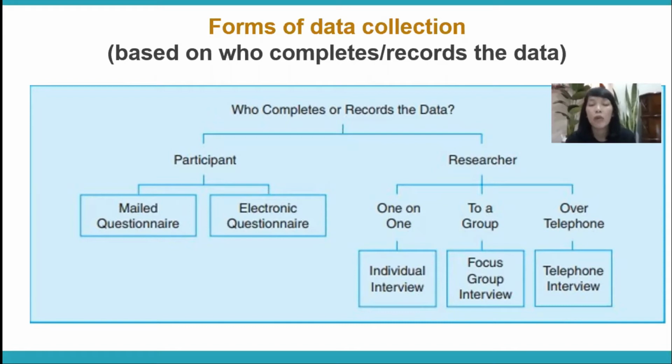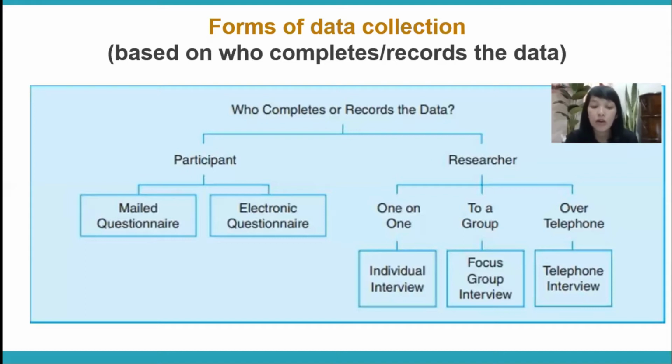Meanwhile, when the data collection forms are based on the researcher who records or completes the data, there are three kinds of data collection form. The first is one-on-one, and then to a group, and then over telephone.